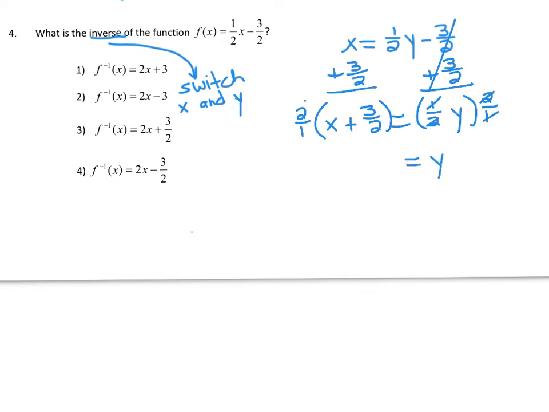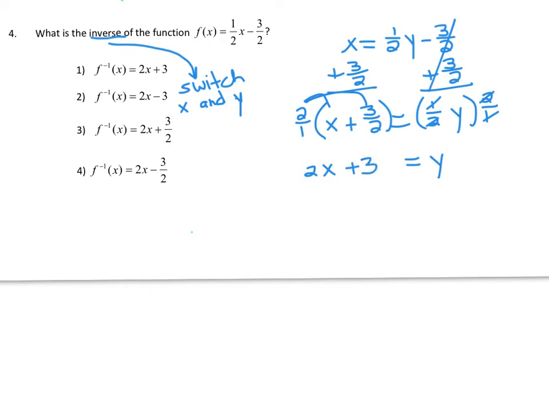And here when I distribute, 2/1 times x is just 2/1x, or just 2x. And then 2/1 times 3/2. Well, if we multiply this fraction by this fraction, you can cancel off this 2 on top with the 2 on bottom, leaving you with 3/1, which is just 3.